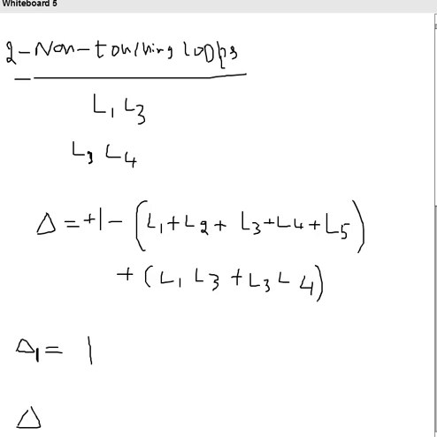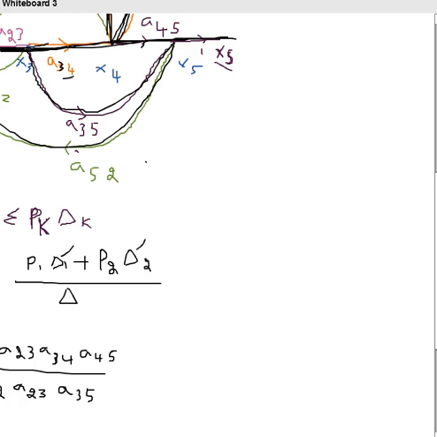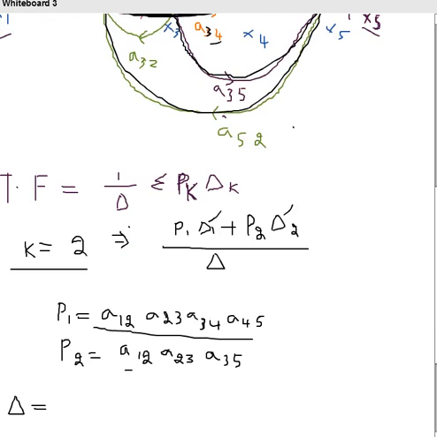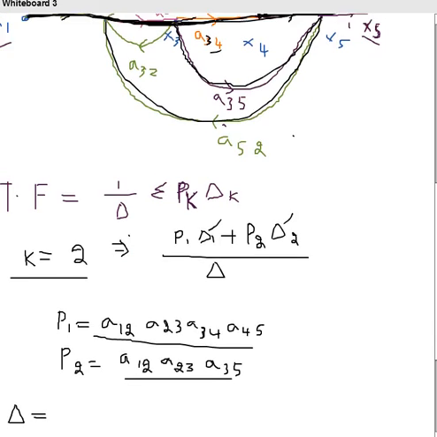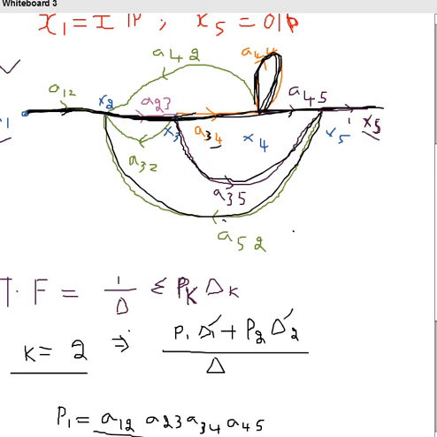So similarly delta 2. Delta 2 is also a value of delta. I have to take which is not touching the second forward path. So what is the second forward path? A12, A23, A35. This is the second forward path. So out of this path, any loop which is not touching this second forward path, 5 individual loops we already written.